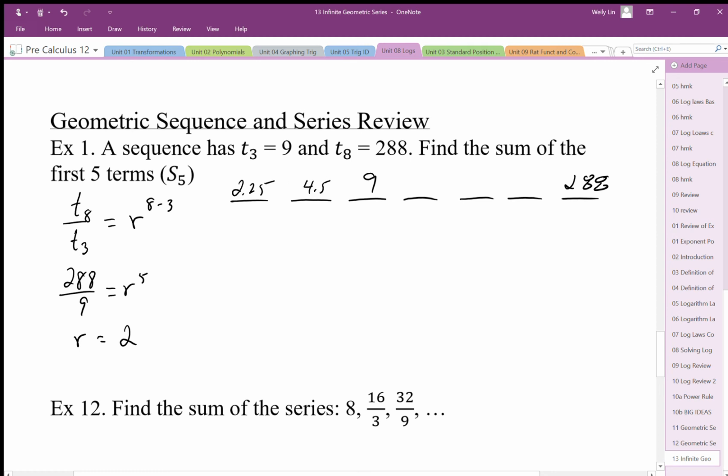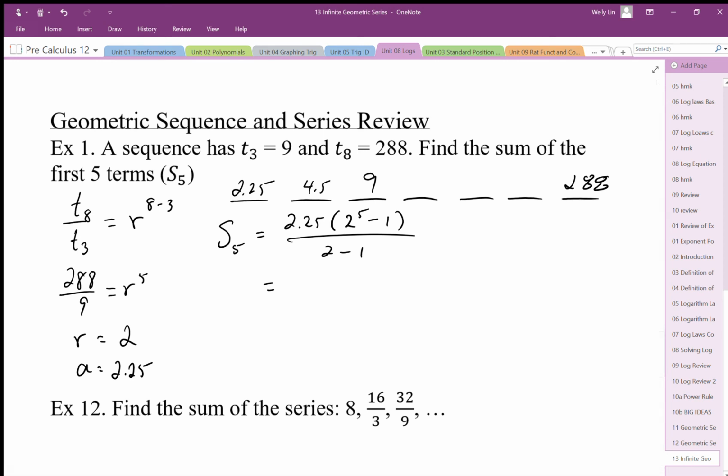2.25, and if I want to find the sum, I now have my A equals 2.25. I have my R, I have my N, and I can just do this calculation. So this works out to be 2 to the power 5 minus 1 times 2.25.